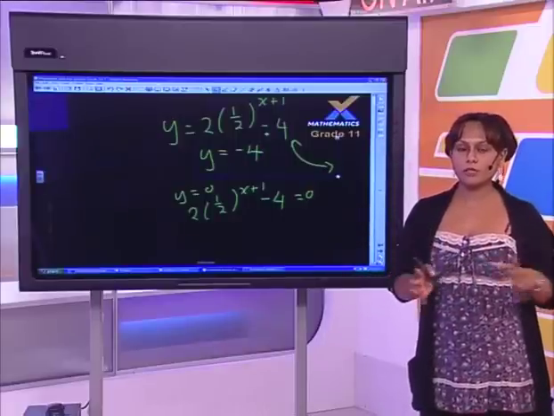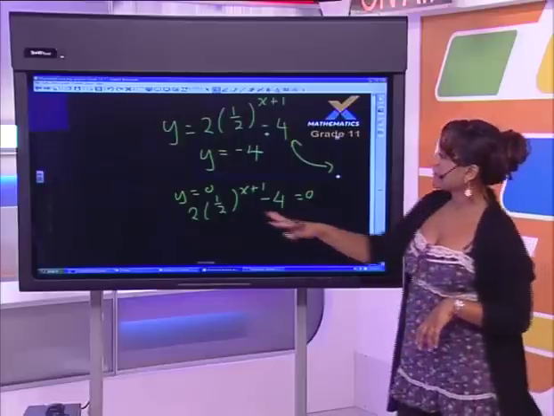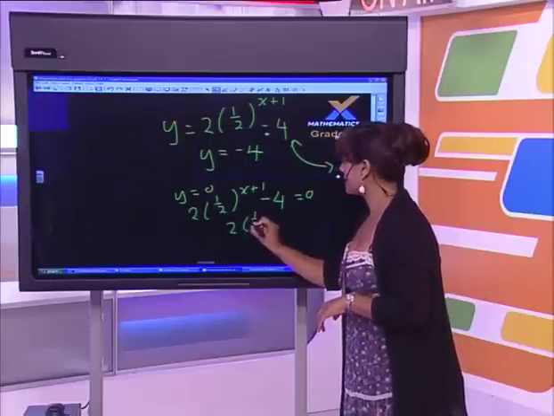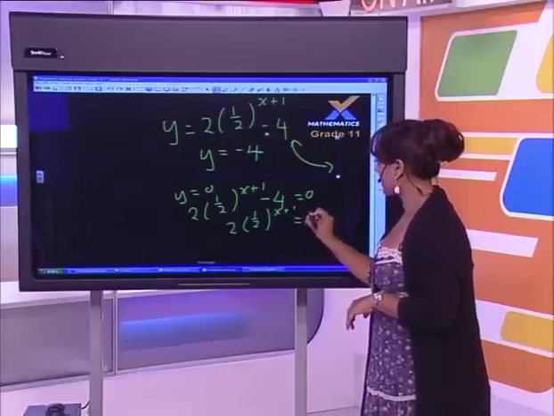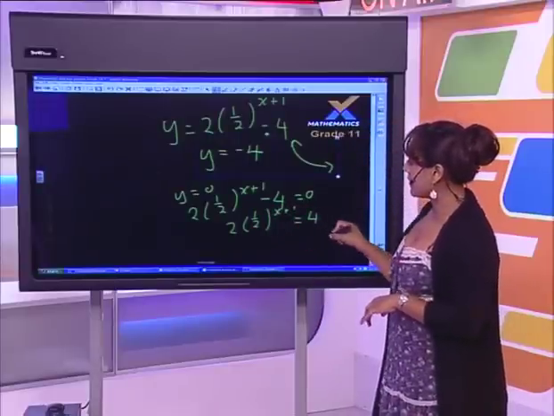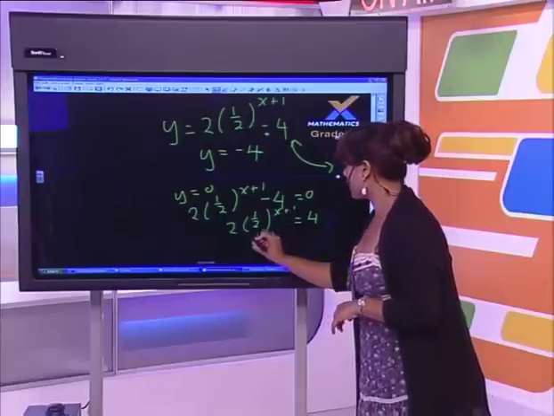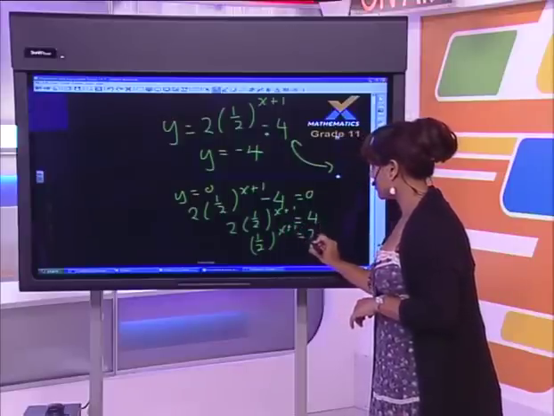So if you've forgotten it, please go back and revise, especially exponential equations. The first thing we're going to do is take the 4 over to the right-hand side, and I'm going to divide both sides by 2. So I get a half to the power of x plus 1 is equal to 2.